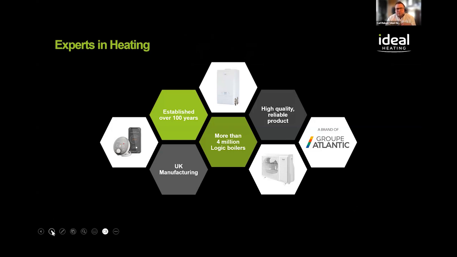As we migrate and transition towards renewable technology, this is where the heat pumps come into our business. We've been manufacturing here in the UK for over 100 years, and we are a part of Group Atlantic, which is a lot bigger than Ideal. Next slide.